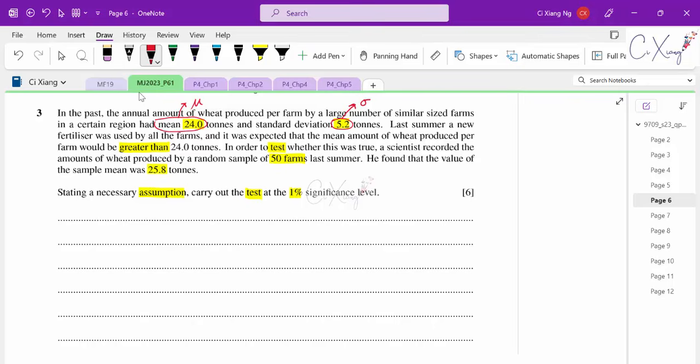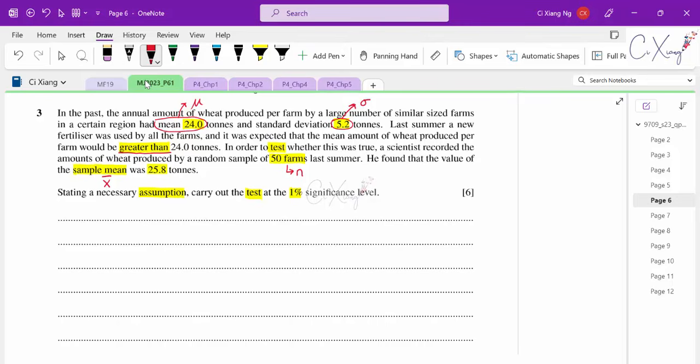And we have the keyword greater than. And after that, if you look further, we have a sample of 50, we have the n. And lastly, we have this sample mean. So sample mean is x bar, and the sample mean will be 25.8.